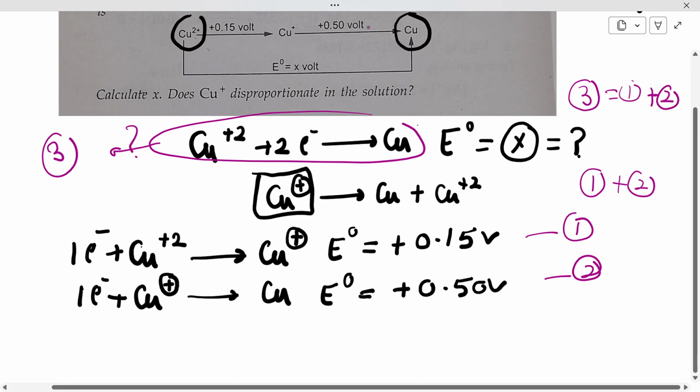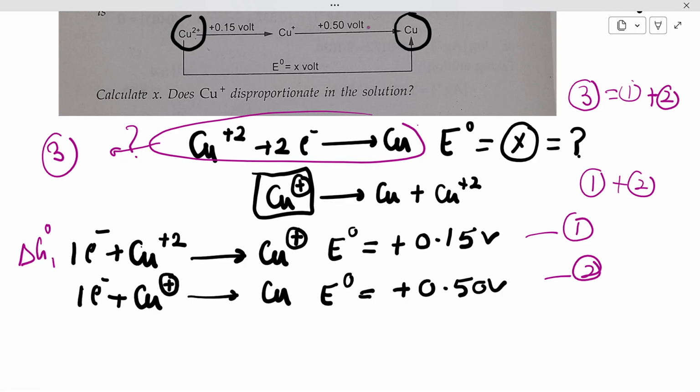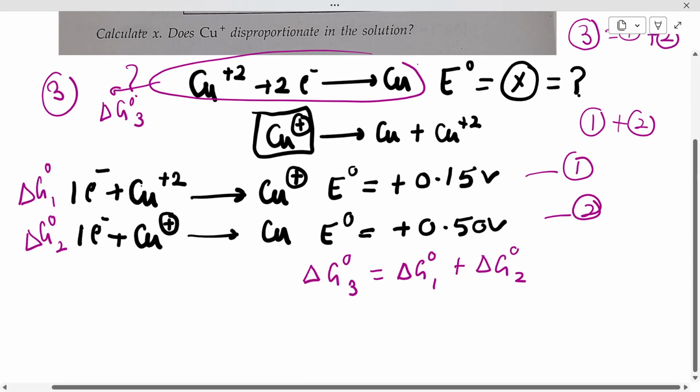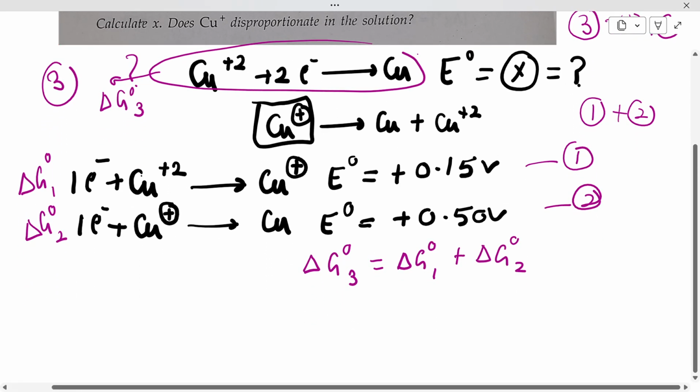According to the thermodynamic principle, if we calculate delta G naught 1 for the first reaction and delta G naught 2 for the second reaction, then delta G naught 3 of the third reaction will be equal to delta G naught 1 plus delta G naught 2.